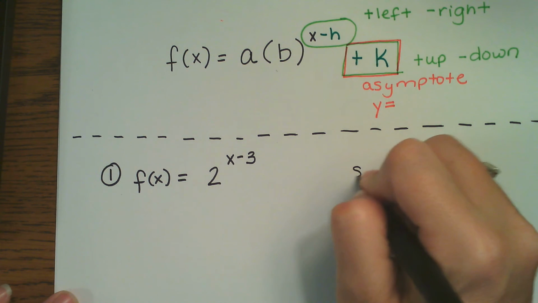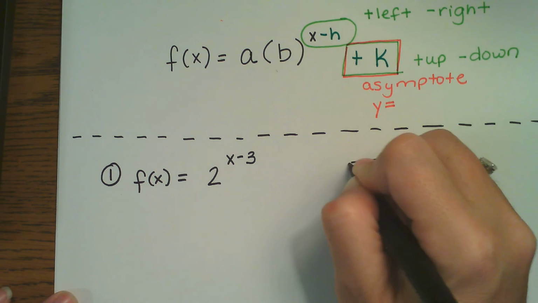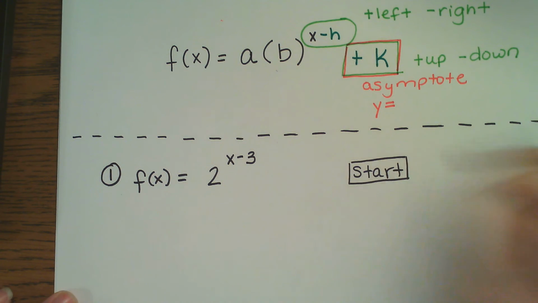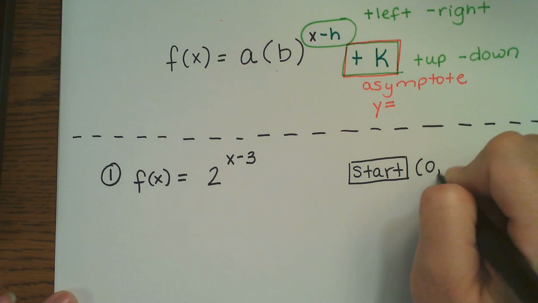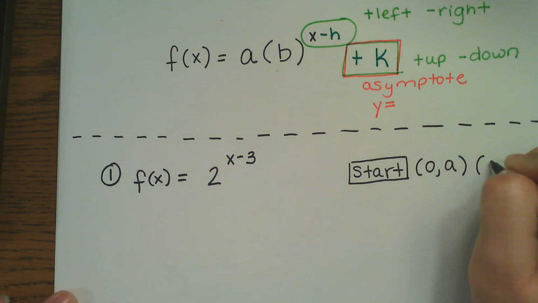All right, so we'll start with 2 points. We're going to use 0, comma, our a value, and 1, comma, our a times b value.